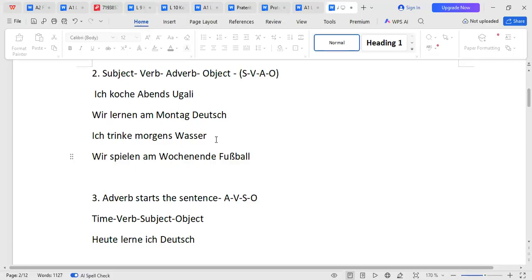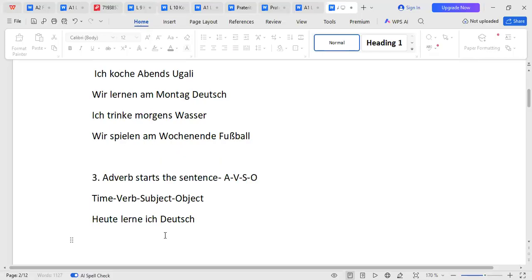So when you come to the third pattern, now am Wochenende, the adverb, starts. Am Wochenende spielen wir Fußball.